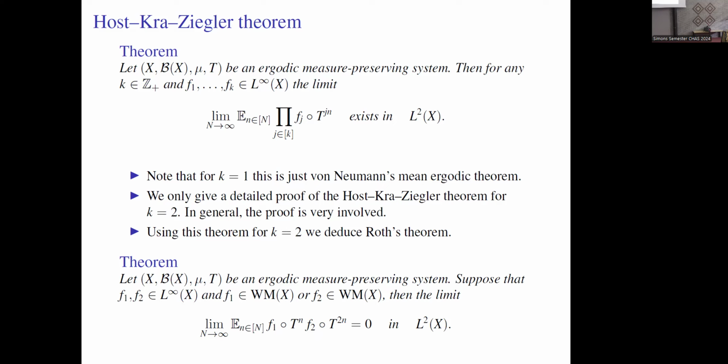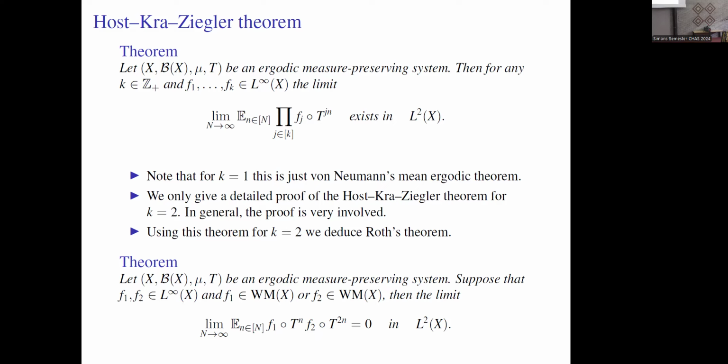Here we have the first simple instance, and you can appreciate how important the weakly mixing concept is to find a limit in L2. It turns out that if at least one function, and let's assume that our functions are bounded, is weakly mixing, then we have convergence in L2 to 0 of this averaging operator.